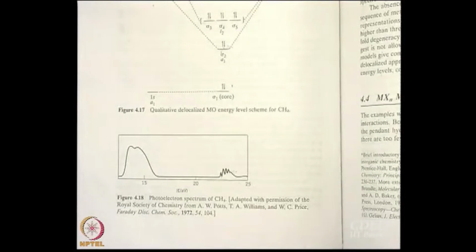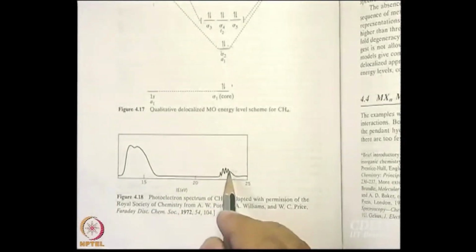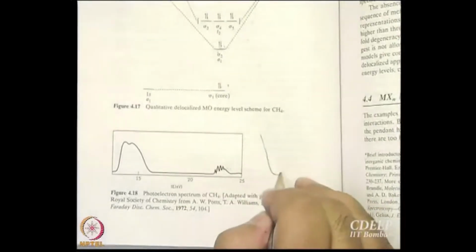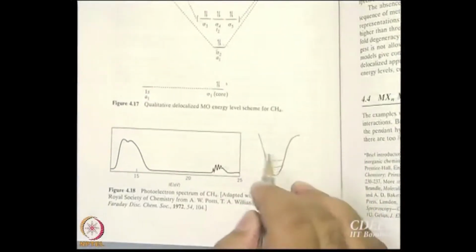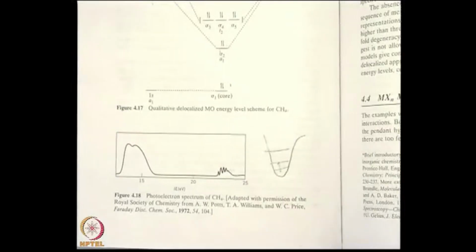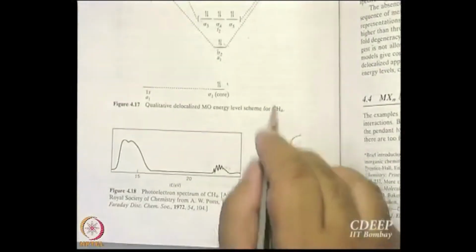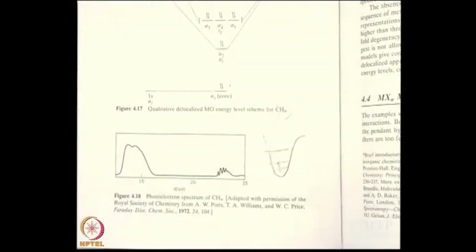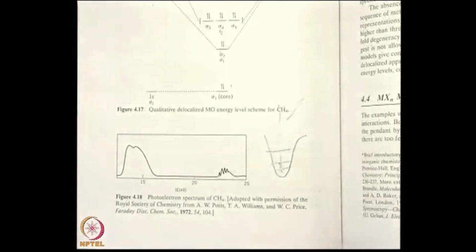Bonding means a bound state, it is going to vibrate. So, when it vibrates, you get this vibrational structure, because the potential energy well will be something like this. You can have this transition also, well actually from here to up somewhere here. So, vibrational structure is a marker of bonding molecular orbitals. We will come back to this maybe in the next class.